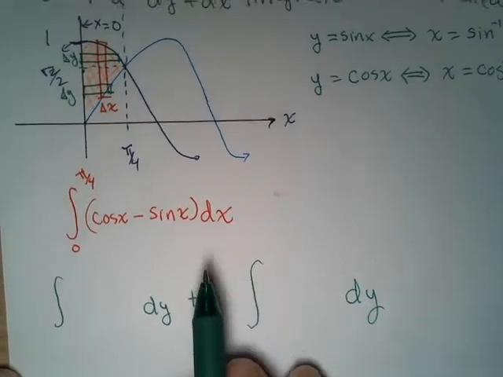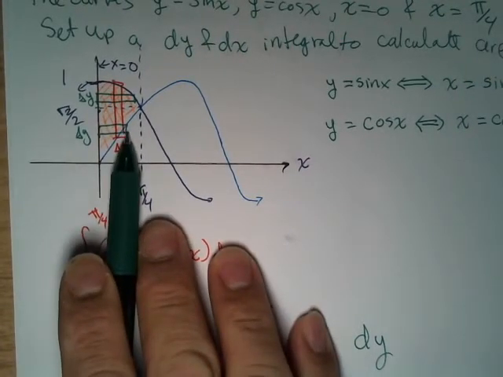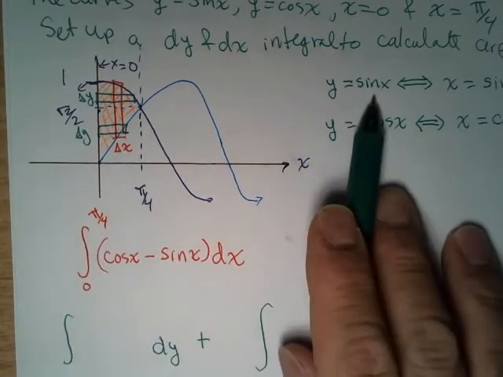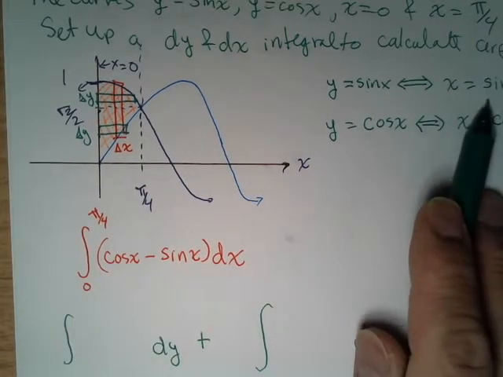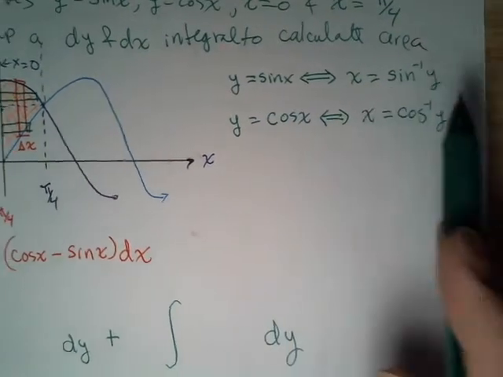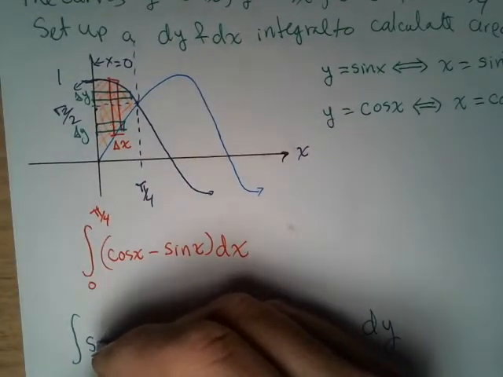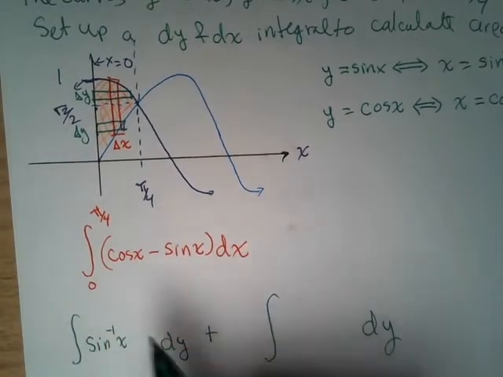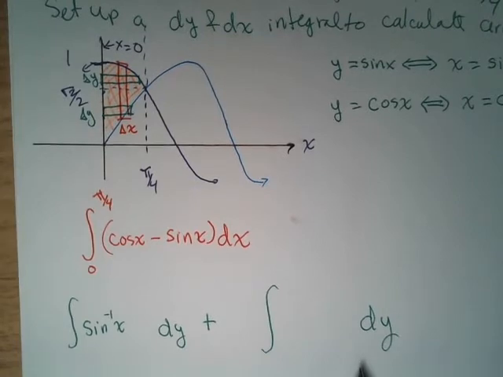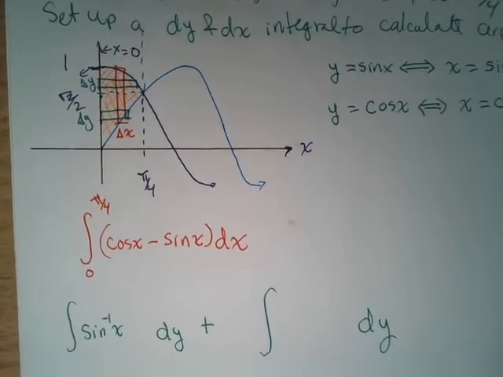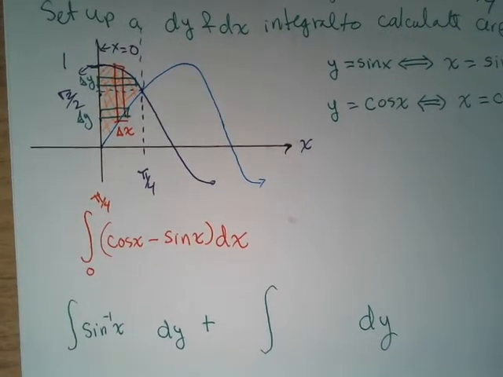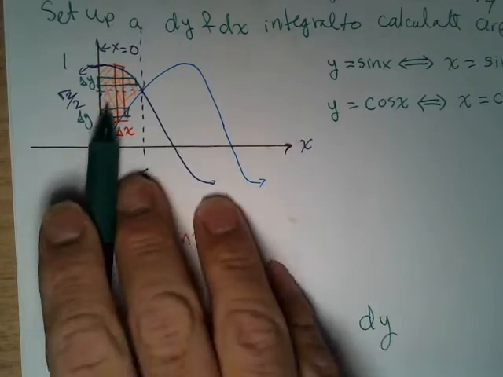Looking at this here, the curve on the right is y equals sine of x, but again, I need it in terms of x equals. So the rightmost one is sine inverse of y. The left one is the y-axis, or in this case, 0, so it'll just be that curve. Now the limits, 0 to root 2 over 2.